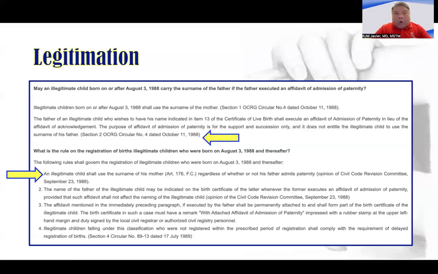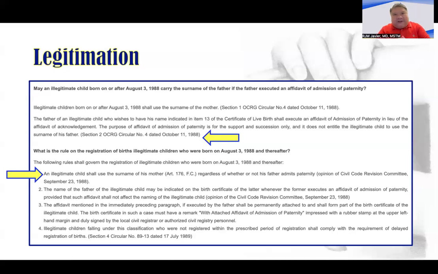Under the Family Code, an illegitimate child born after August 3, 1988 shall use the surname of his mother for legal purposes. So that is under Philippine laws.